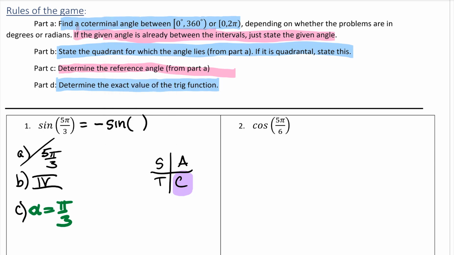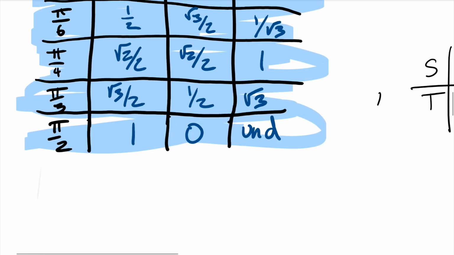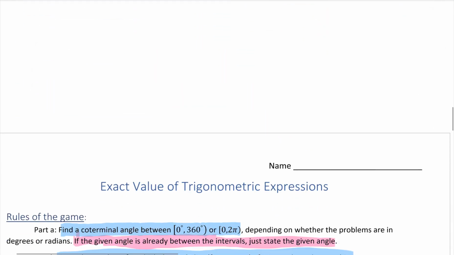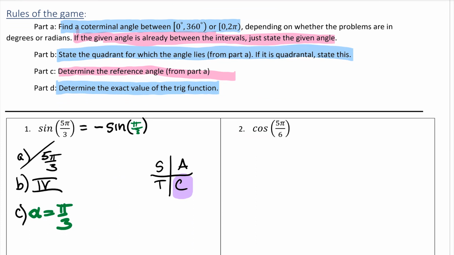We take what we got from part C and pop it in: pi over 3. Now what's sine of pi over 3? Let's go back up. Sine of pi over 3 is the square root of 3 over 2. So the answer is negative square root of 3 over 2. And there's the solution.